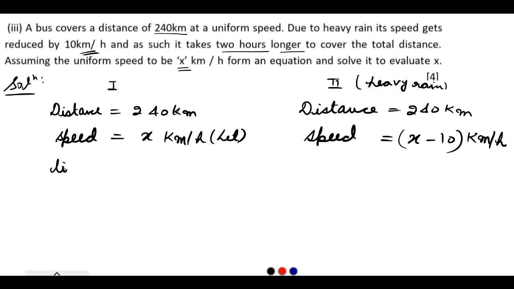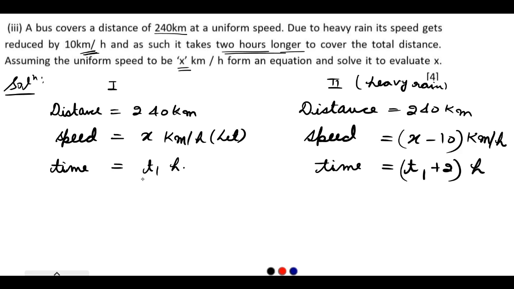Now time. Suppose t1 hour. Then in case of heavy rain, time is 2 hours longer. It means in this case time is t1 plus 2 hours. Now find the value of t1 from here and put in second. Time is equal to distance upon speed.